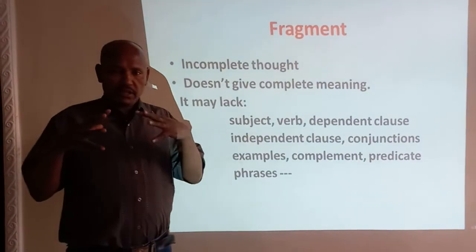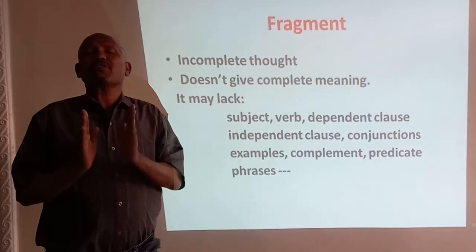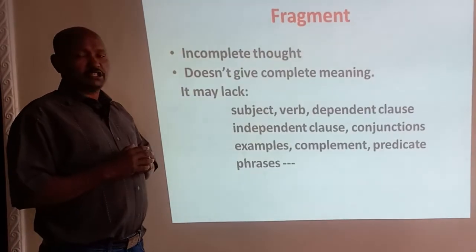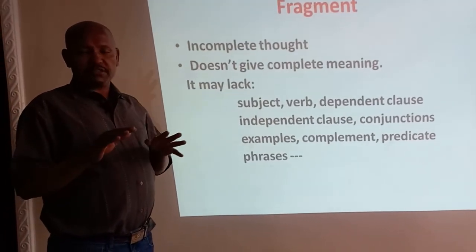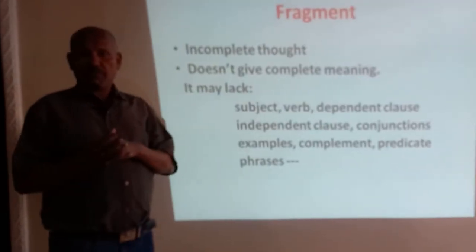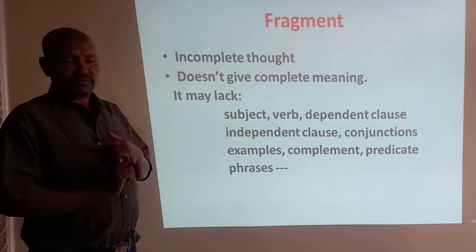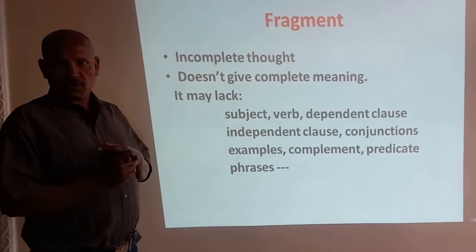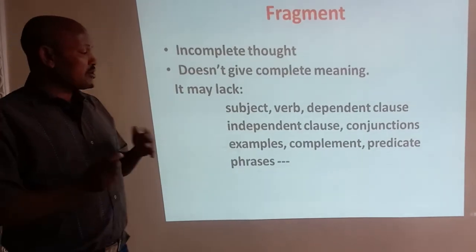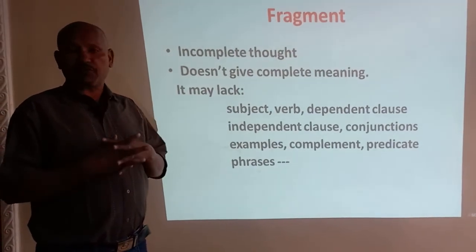This is all about some of the questions, the exercises, some of the examples of what fragments look like. Fragment means, on the whole, an incomplete thought. Incomplete, not complete, there is a problem. A fragment doesn't give complete meaning. It may lack a subject, or a verb, or a dependent clause, or an independent clause, or sometimes a conjunction, or examples are not given, or there is no complement, or predicate, or phrases.